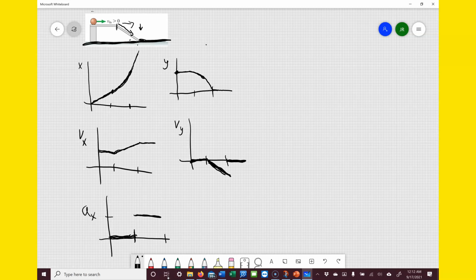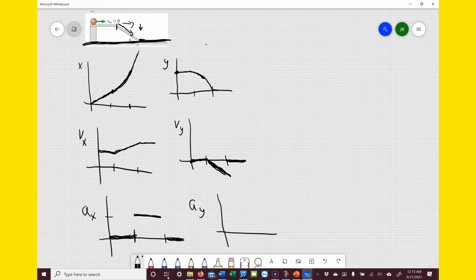Some positive acceleration, and that's just the slope of this section of velocity, until it gets to there, and then it no longer has a horizontal acceleration. The horizontal acceleration is just 0, which is the slope of this section. So that would be the graph of horizontal acceleration.